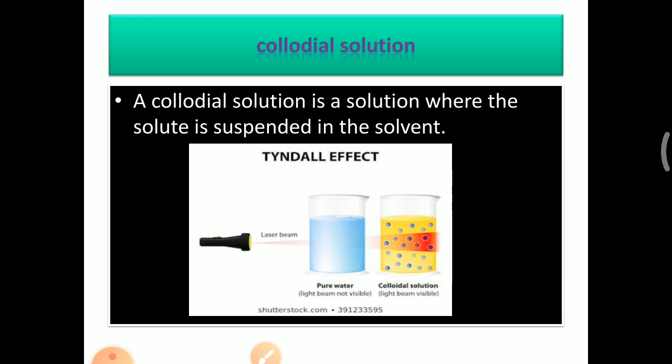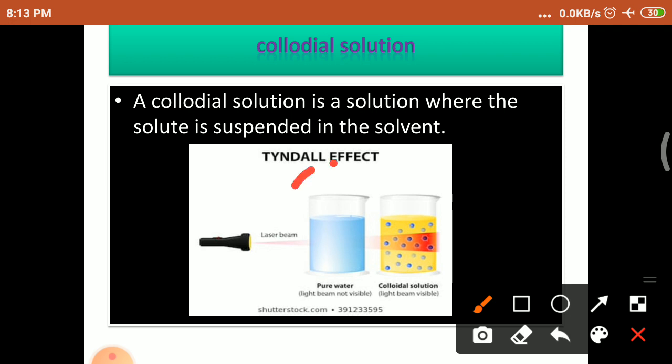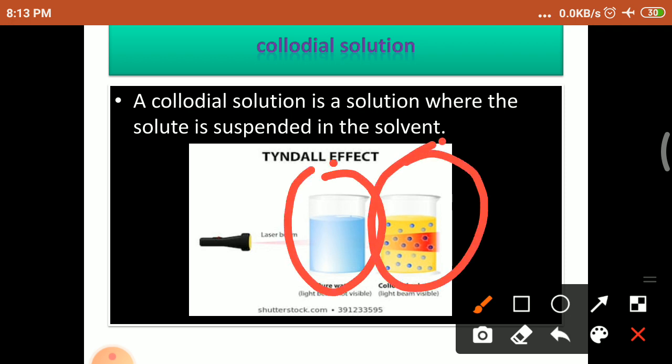The next one, colloidal solution. A colloidal solution is a solution where the solute is suspended in the solvent. Look here, there are two beakers. One is pure water and another one is a colloidal solution. In a colloidal solution, the solute particles are suspended in the solvent.